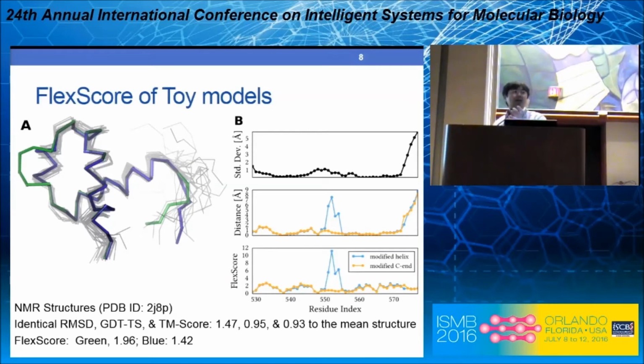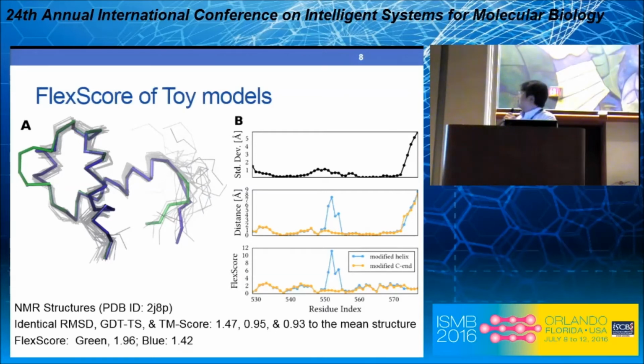I made it that way, actually. So in terms of GDT-TS, for example, these two models have identical quality. But I would argue, and hopefully you agree, that the blue model is better because its deviation is at the tail region, whereas the green model has a large deviation in the alpha helical regions.